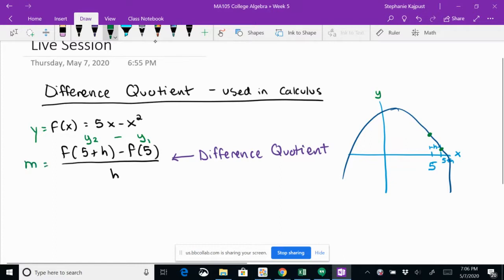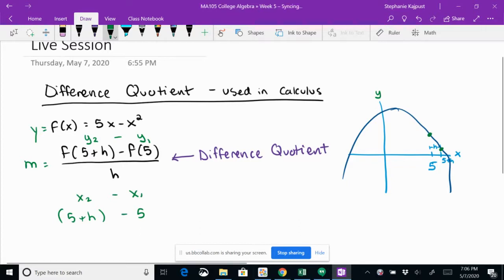The difference quotient is the slope, where your second point is a little bit beyond 5, and then your first point is 5. And then if we do x2 minus x1, x2 is 5 plus h, and then we're subtracting 5, the 5's cancel, and that's how we end up with h in the denominator.